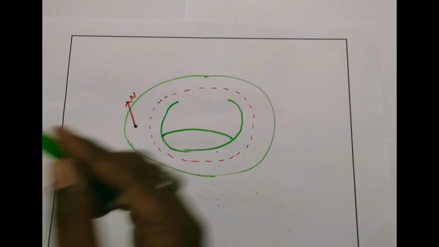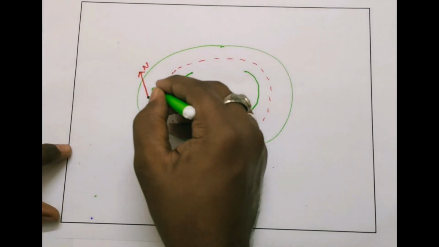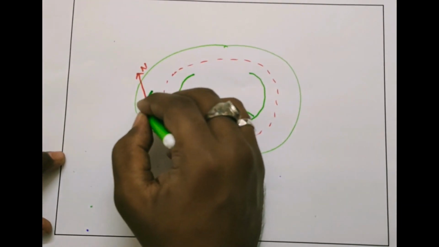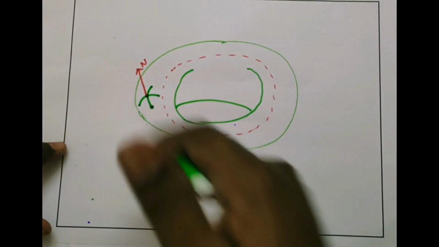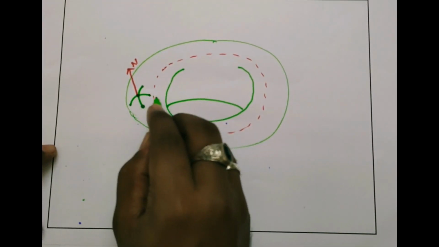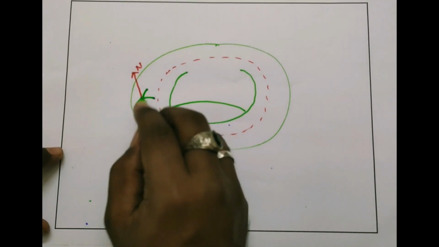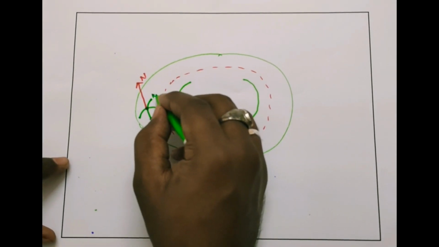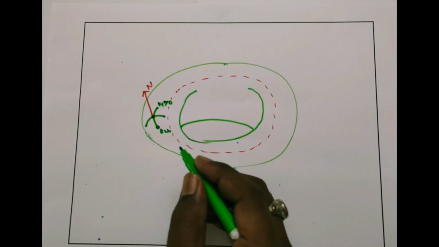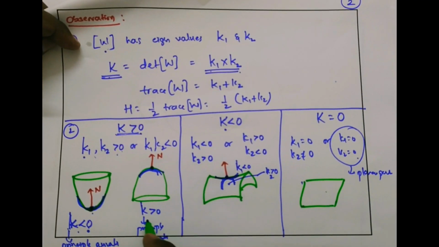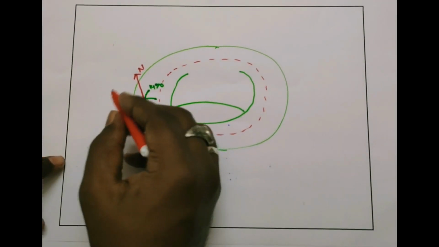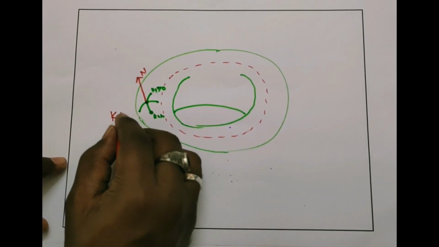Here, both curves are down towards the normal. You just try to visualize in 3D, both this as well as this are down towards the normal. Whenever both of them are down towards the normal, your k1 will be greater than 0 and k2 will be greater than 0. Just now I was saying that whenever it is down towards the normal, your principal curvature will be greater than 0. So when both are greater than 0, your Gaussian curvature capital K will be greater than 0.